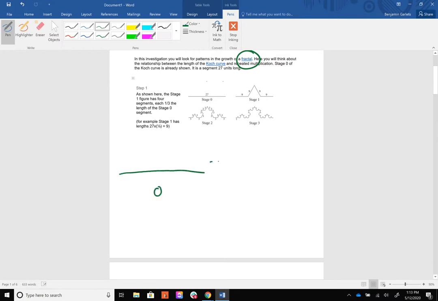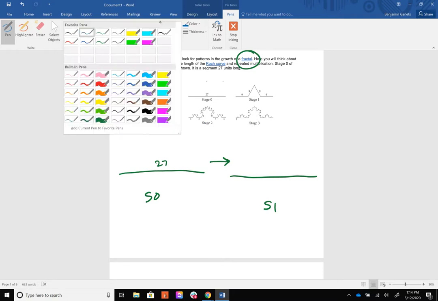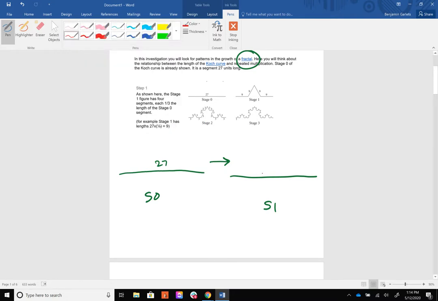0 to stage 1, what happens is I can draw this too. So stage 0 has a distance of 27, and stage 1, what happens is we break it into thirds. So I've got 9, 9, and 9.